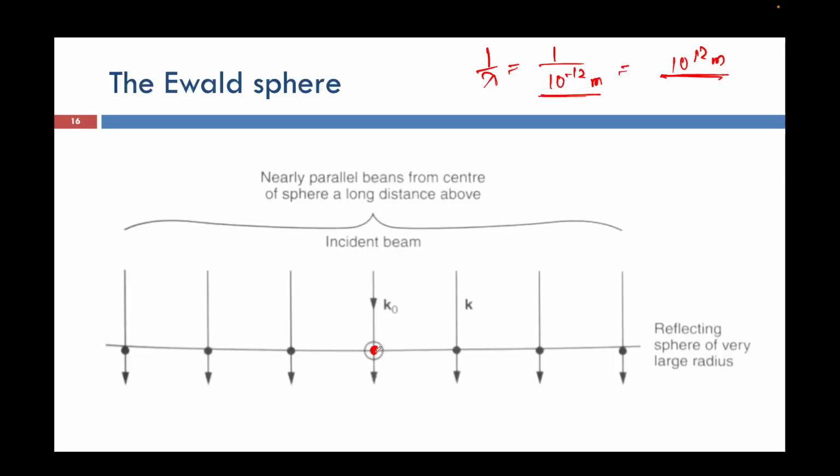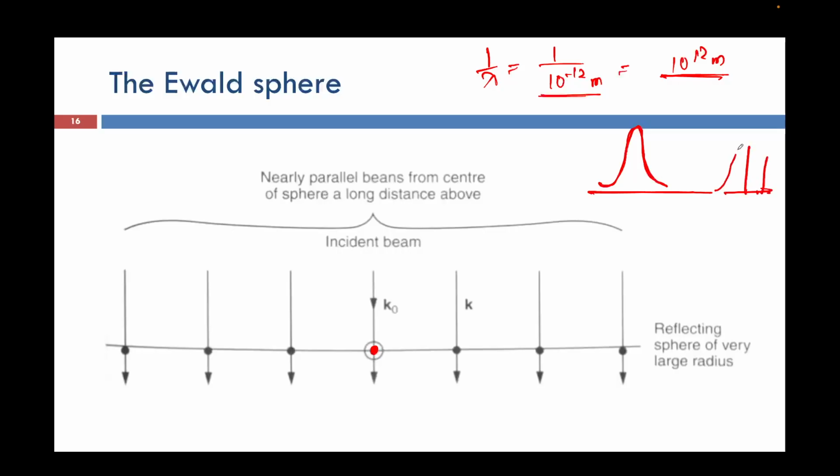Still, all the reciprocal lattice points will not be staying on top of that, and even if they are not, we will be getting some amount of diffraction. Why? Because the intensity versus 2 theta, the Bragg's angle, will always follow a distribution structure. It will not be like this and then 0, then this, then 0.